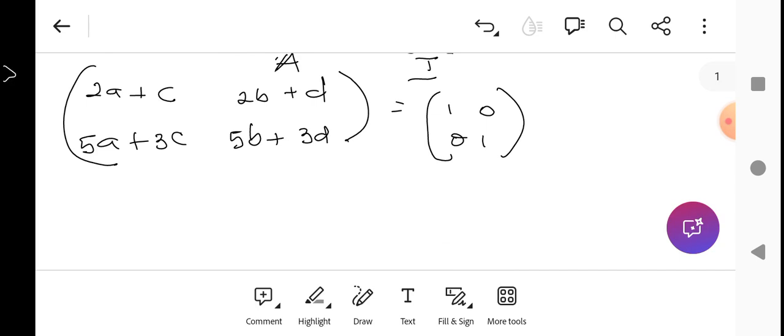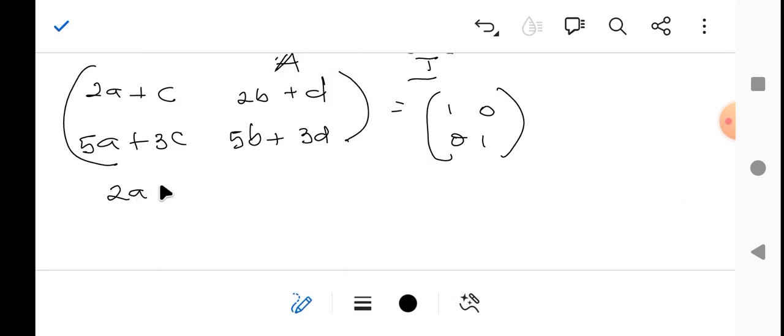We can compare these equations, right? So 2a plus c is equal to 1, from this. So let's consider this also.